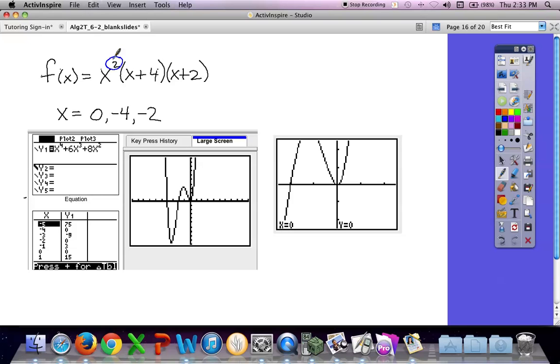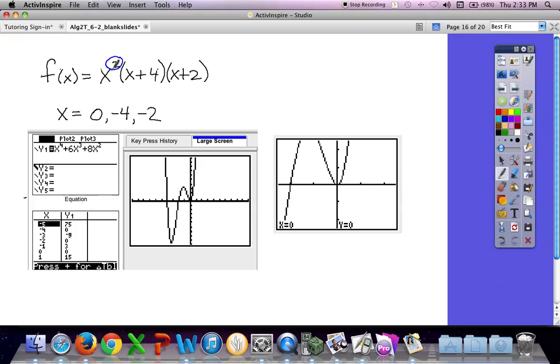Meaning that when the graph touches the 0, it doesn't change sign. It keeps the same sign. That's why it touches that, and then it goes back in the same direction. That's what you expect anytime you're raising a factor to an even power. If that was 2 or 4 or 6, then that's what you see on the graph.